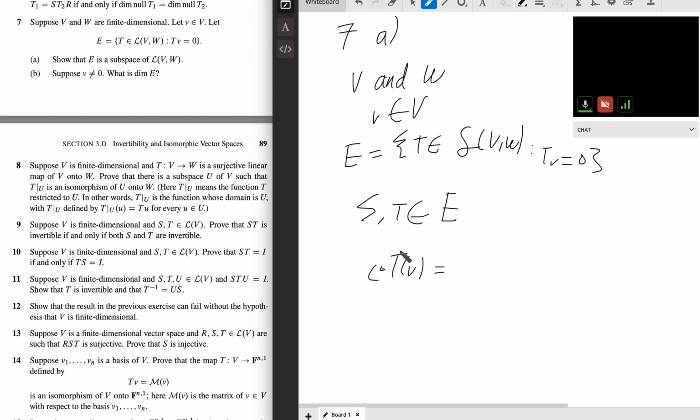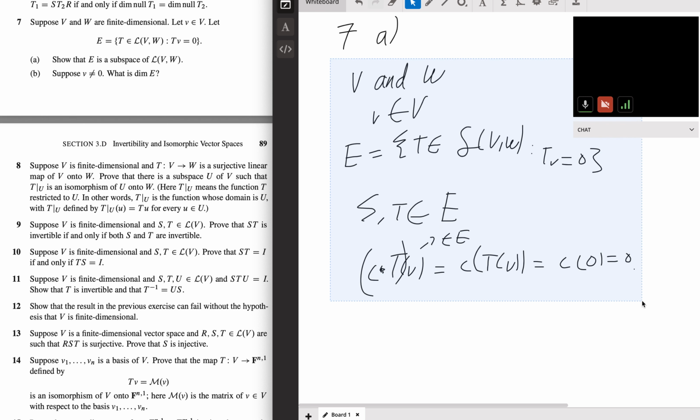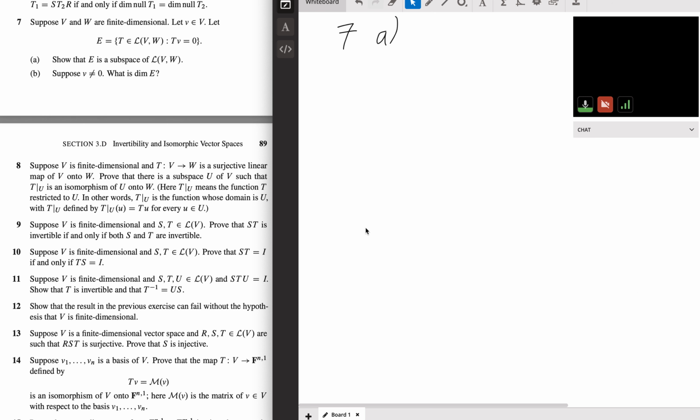So we want to say C times T of V is also a member of E somehow, but by linearity, this is once again true. This is probably not called linearity, it's called homogeneity or something. This is also true. So indeed E is a subspace because it fulfills the addition and homogeneity requirements for closure.